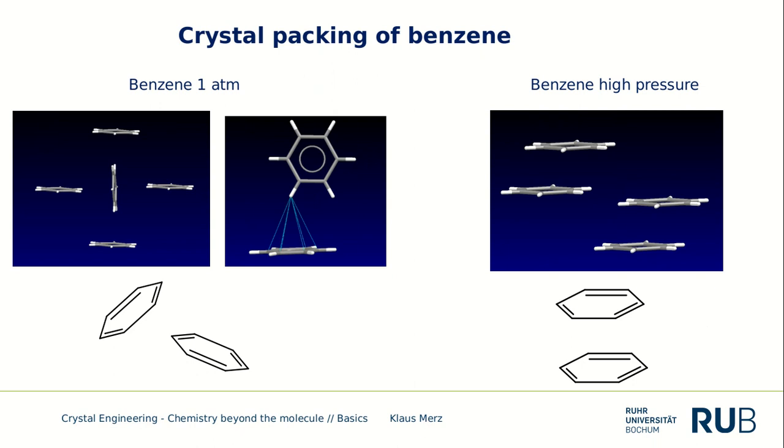Well, this is one point. The next point is that this is a very fine example to learn something about crystal engineering. I said first, in crystal engineering, the first step is analysis of the crystal structure. What do we learn?